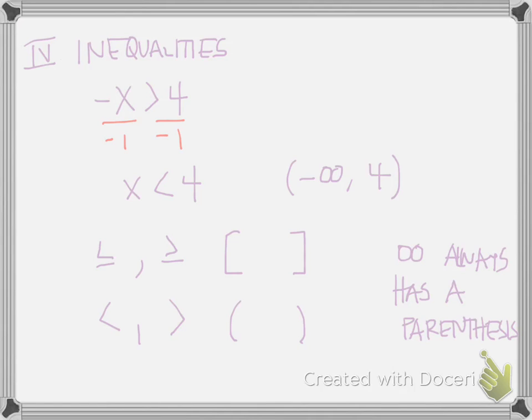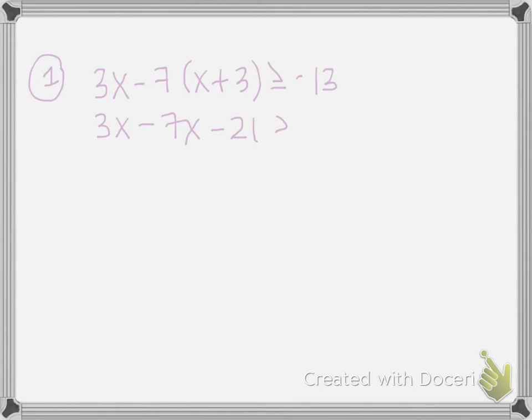Okay? Alright, so let's solve some. If I was going to solve this, same thing. I need to simplify that left-hand side, so negative 7 times x is negative 7x. Negative 7 times 3 is going to give me negative 21, is greater than or equal to negative 13. 3x minus 7x is a negative 4x.